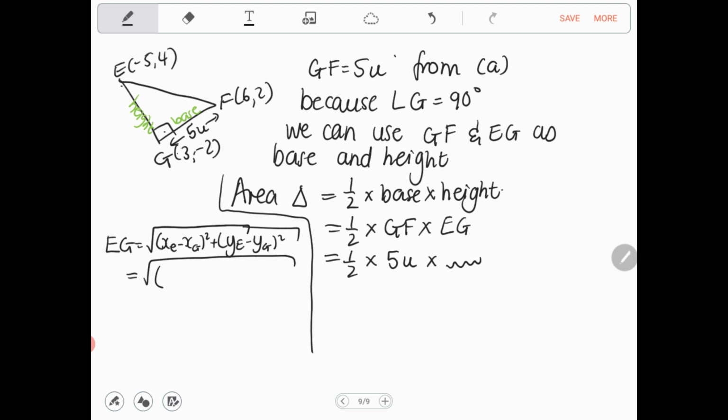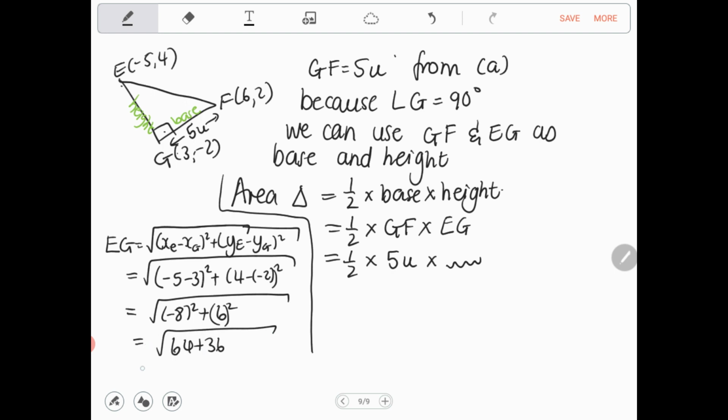Okay, so what I have is -5 minus 3, squared, and then 4 minus 2, squared. Wait, the y values: 4 minus (-2). So that's going to be -8 squared plus 6 squared, which is 64 plus 36.